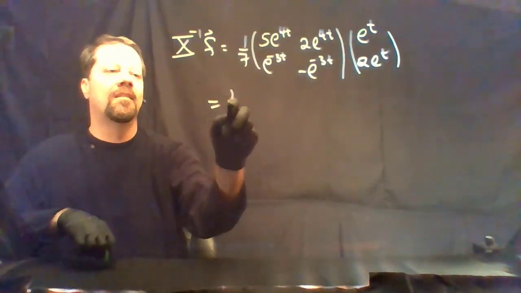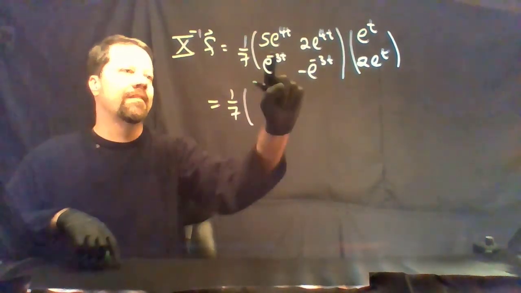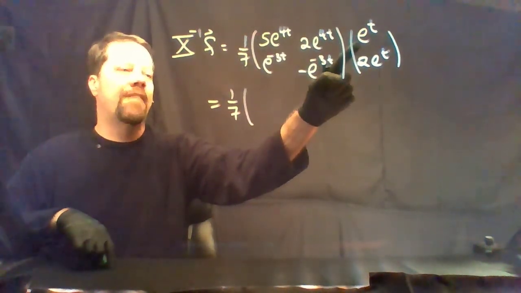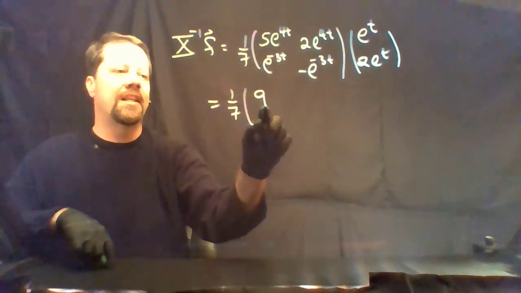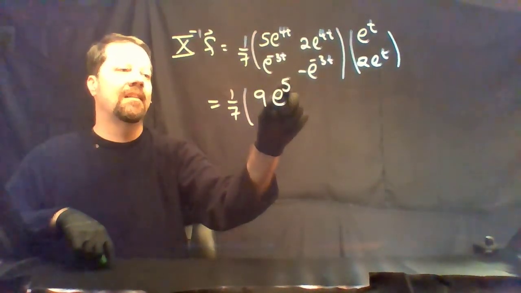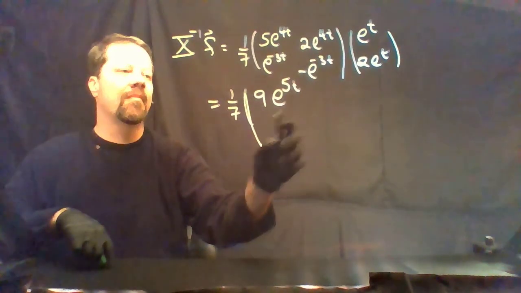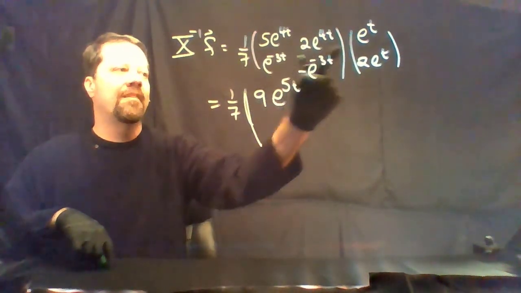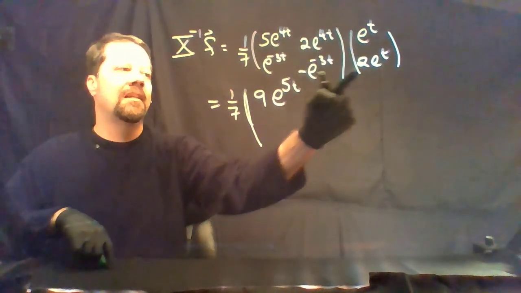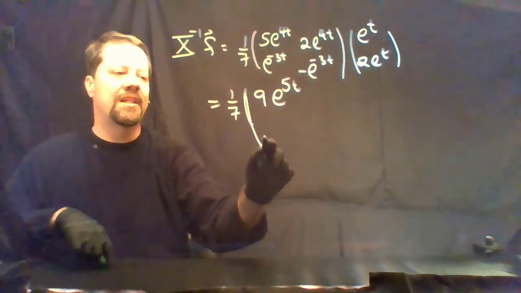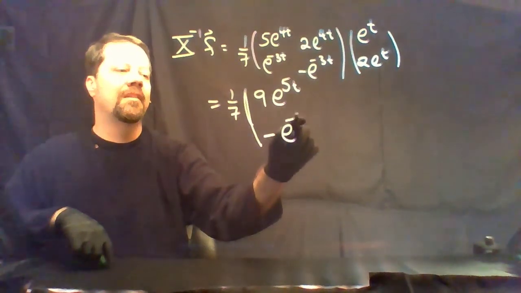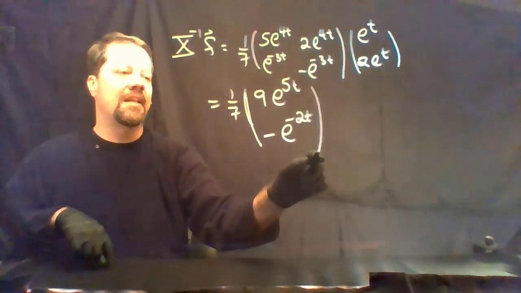Multiplying, we have this 1/7. We'll have 5 e to the 5t plus 4 e to the 5t makes 9 e to the 5t. We then have e to the negative 2t and negative 2 e to the negative 2t making negative e to the negative 2t.